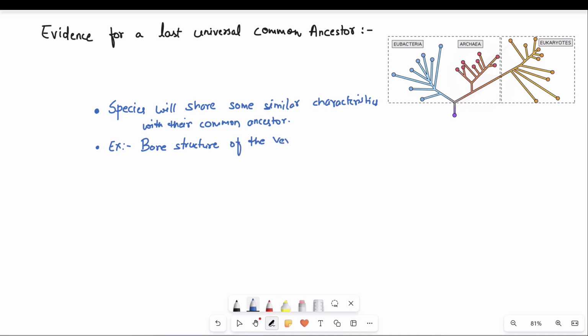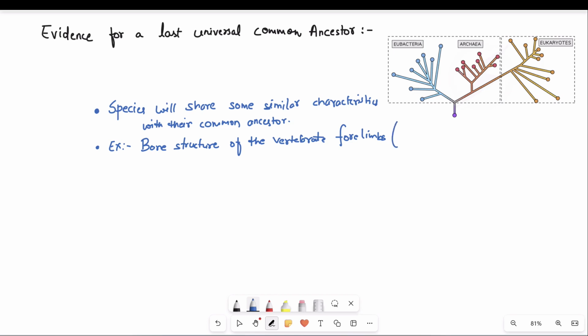You will find that this is similar in all species of vertebrates, which shows that they are inheriting these structural features from a common ancestor, right?